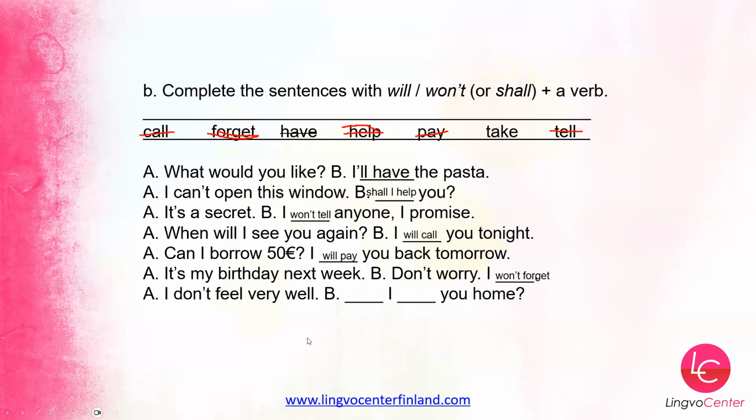And then the last one, Alex says, I don't feel very well. And then Brendan says, you home. So this is a question. We only had one of the three of decisions, offers.